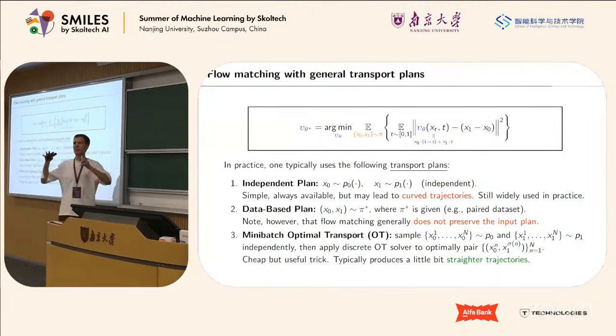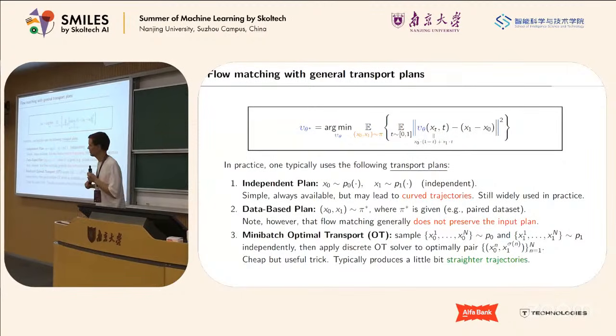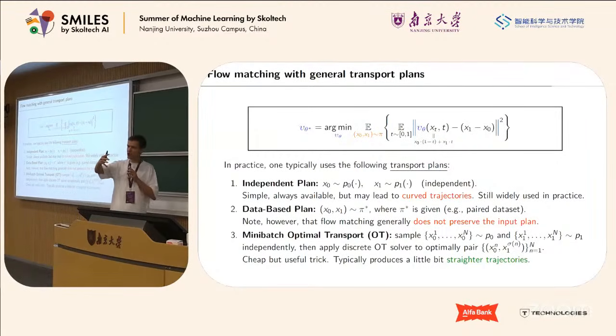But another thing which people invented and which is sometimes used nowadays is a very, very simple way to build some couplings between two probability distributions. And this way is called the mini-batch optimal transport coupling. What is that? Basically, it works the following way. You sample a batch of points from your input distribution. You sample a batch of points from your target distribution.